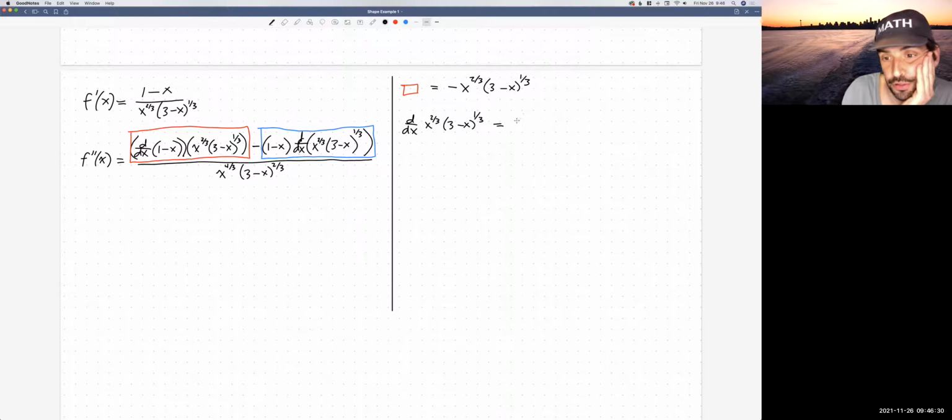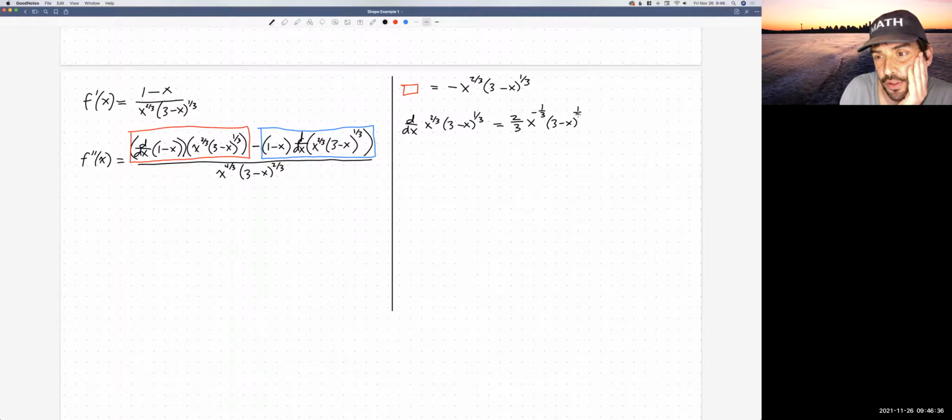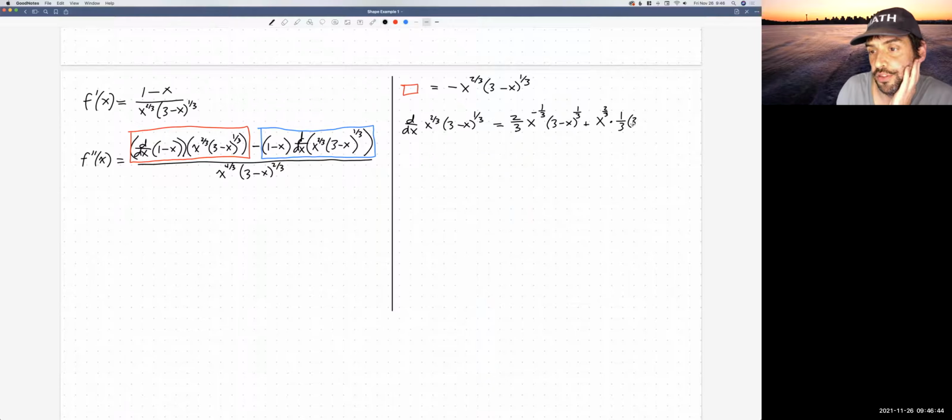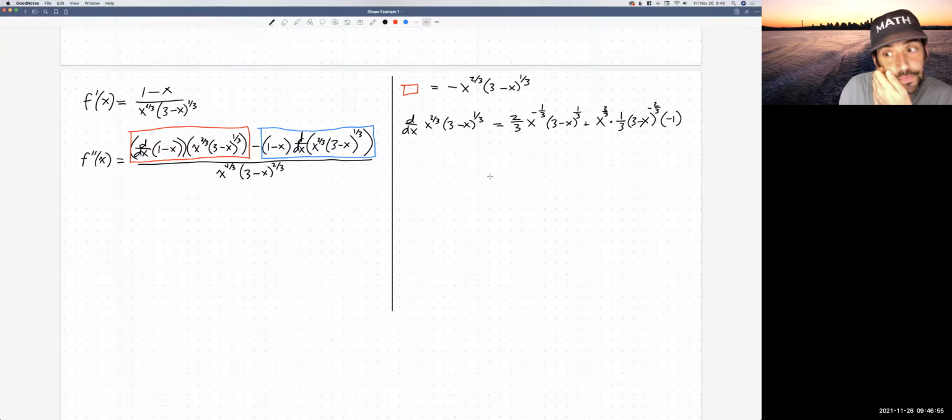We've got our product rule. So the derivative of the first function is 2/3 x to the negative 1/3 times 3 minus x to the 1/3 plus x to the 2/3 times the derivative of this second function, which is 1/3, 3 minus x to the negative 2/3, and then we get a factor of -1.